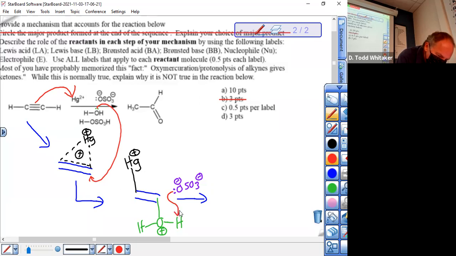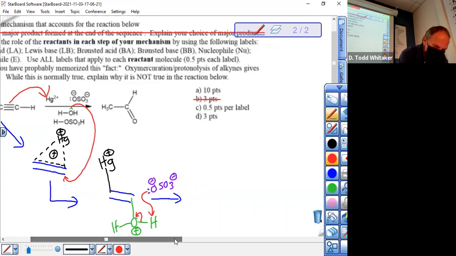How many times have we neutralized oxonium in this course? It's got to be 15, maybe 20. I don't know, more. Okay. So you get hydrogen sulfate. It's a side product. Maybe if I need a base later, I can use that one.